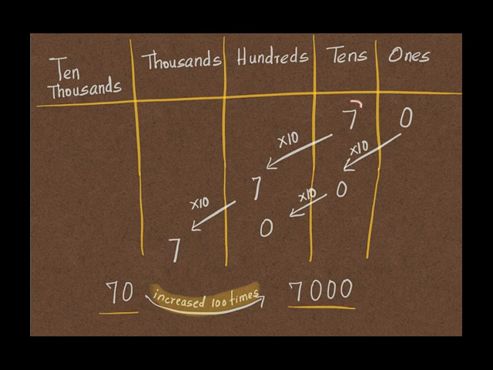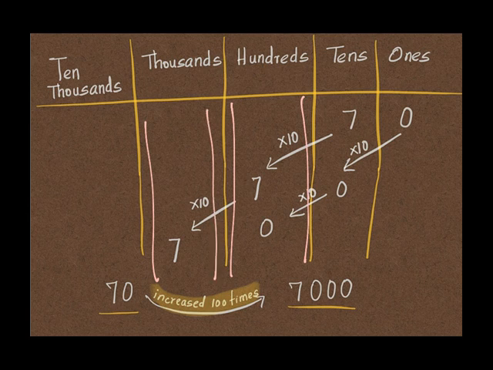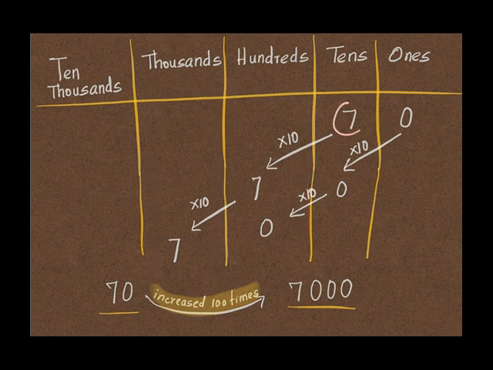So here, this 7 in the tens place is the same as this 7 in the tens place. So we are multiplying this 7 with 100, right? When we multiply with 100, the 7 in the tens place moves 2 columns. So this is 1 column to the left, and again 1 more column to the left, and it is in the thousands place.